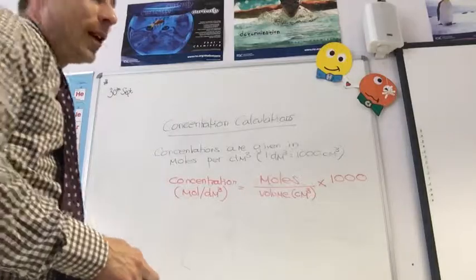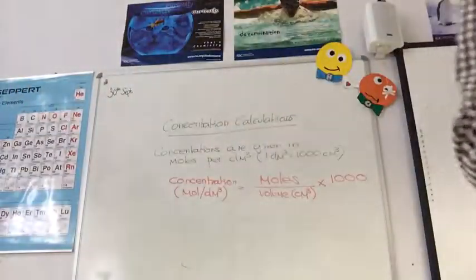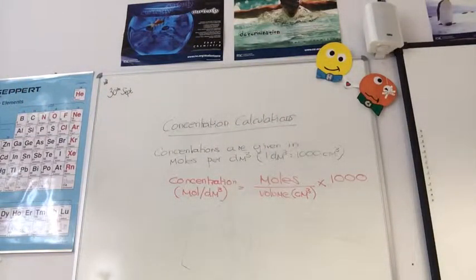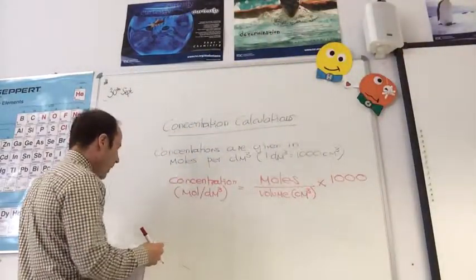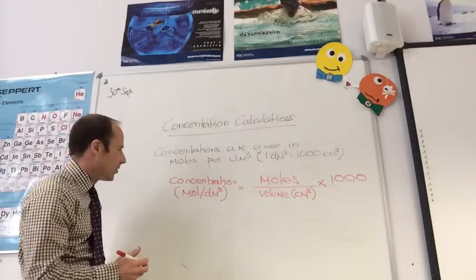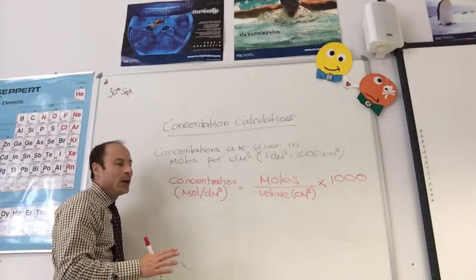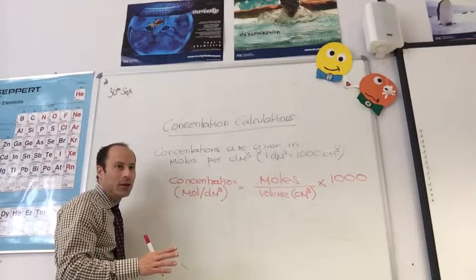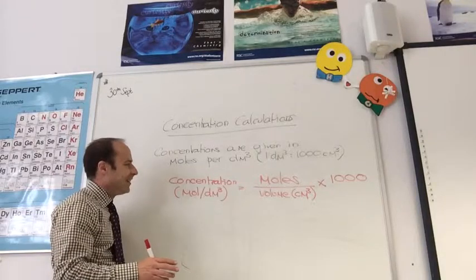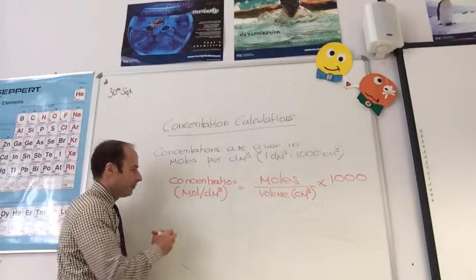So, should we do a few examples? You need to be able to rearrange this equation, and again this is where the formula triangle is not going to work so well. So do you want me to rearrange this for you?